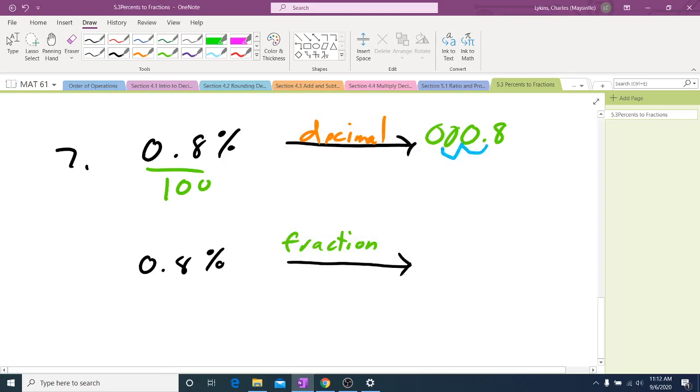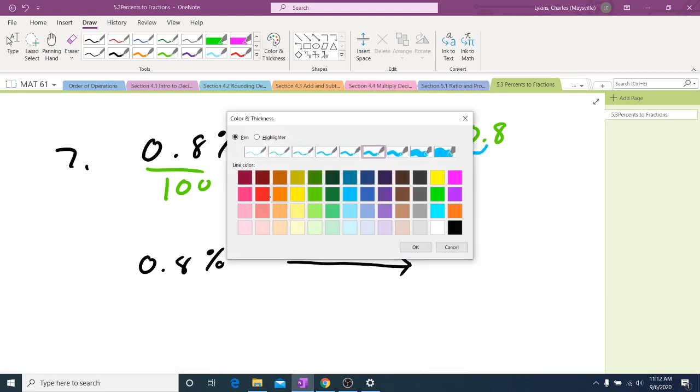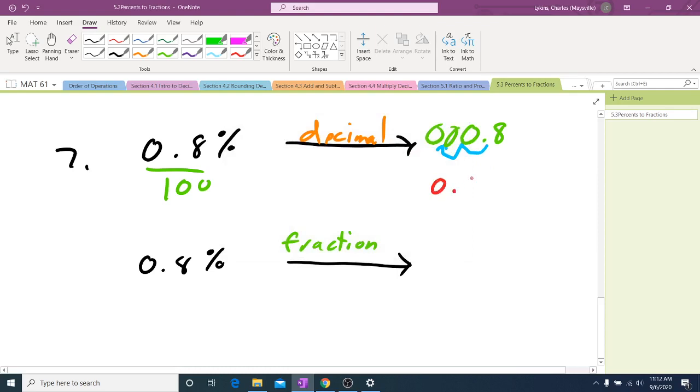So I'm going to say 1, 2. So now that is 0.008. This is my decimal answer.